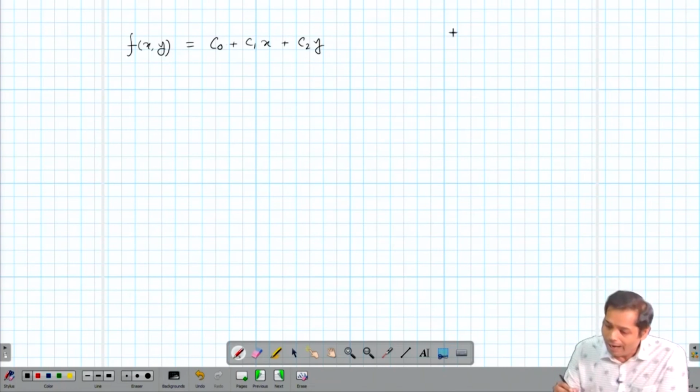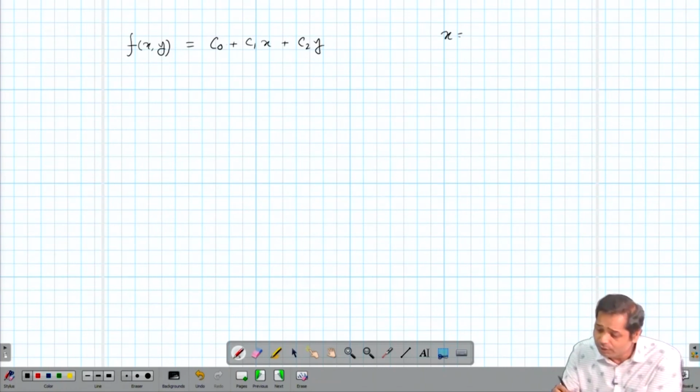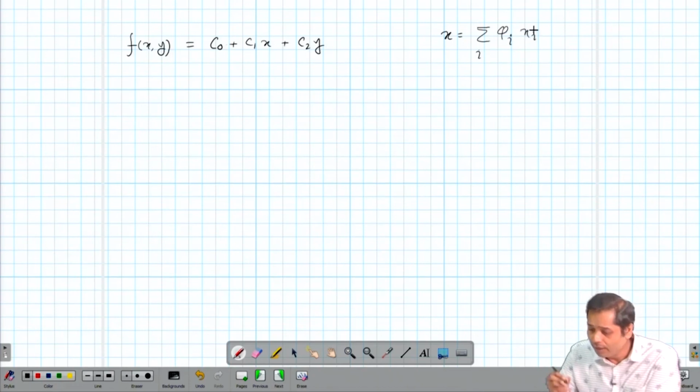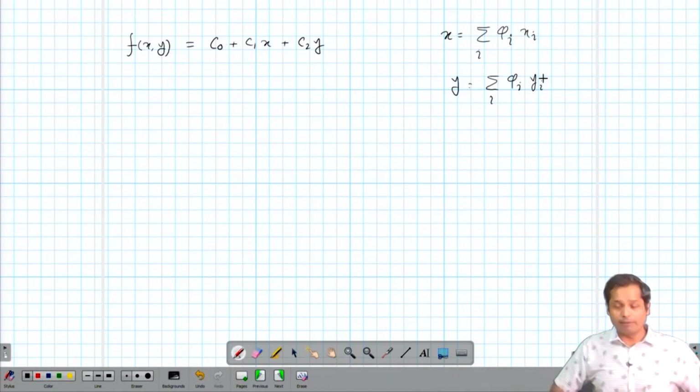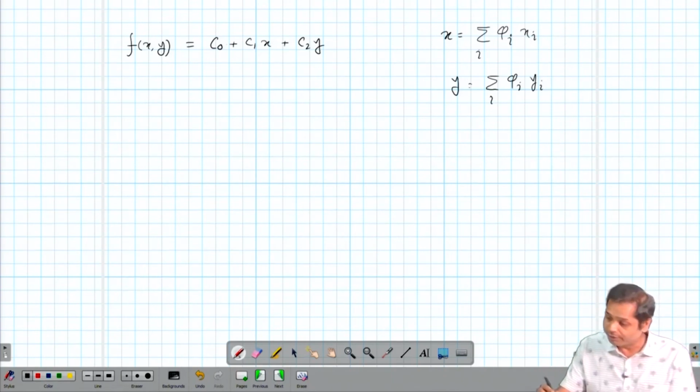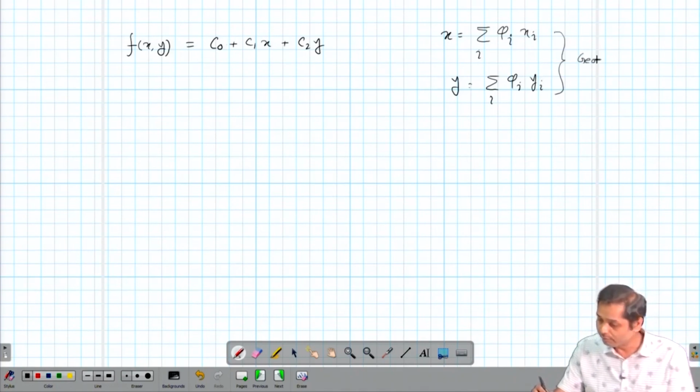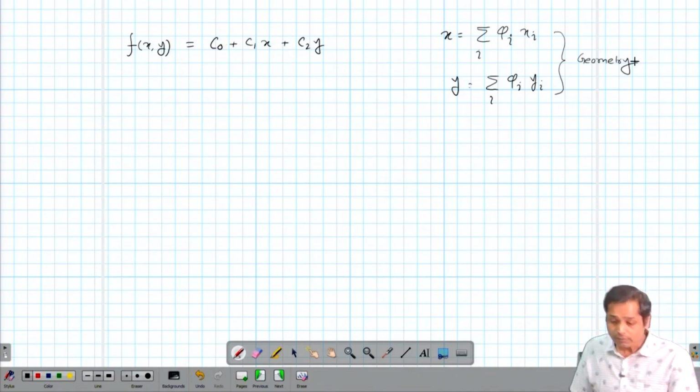Now, isoparametric formulation will give us this: x is equal to summation over I, up to the number of nodes in the element, of phi I into xi, and similarly y will be summation over I of phi I into yi. This is the approximation of the geometry.